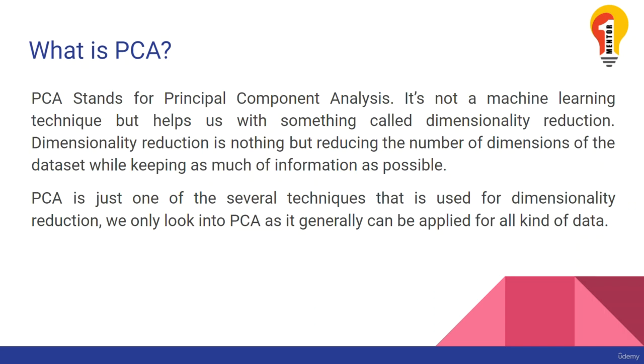So we obviously understood what dimensionality is, or what dimensions are. Dimensionality reduction is nothing but reducing the number of dimensions of the data set while keeping as much information as possible. So let's take an example to understand this. Say you have a picture of 24 pixels by 24 pixels. That's going to be a really pixelated image. The very term pixelated informs you that you can see the pixels because they are that big, correct?